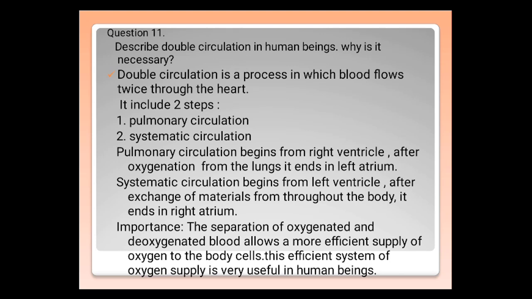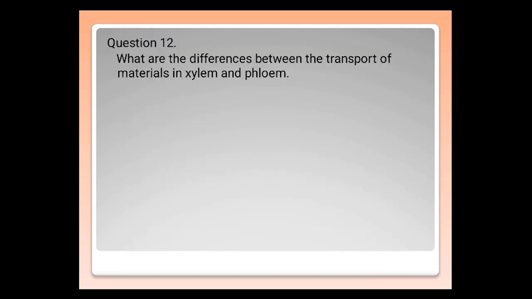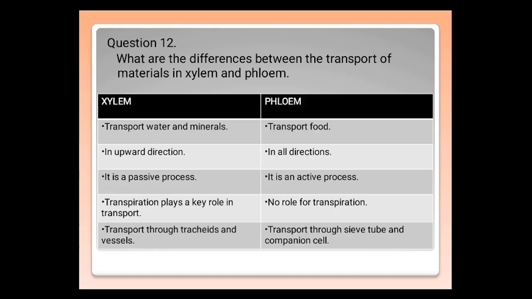Next question. What are the differences between transport of materials in xylem and phloem? Answer. Xylem transports water and minerals, whereas phloem transports food. Next point. Xylem transports in upward direction, whereas phloem transports in all directions. Next point.